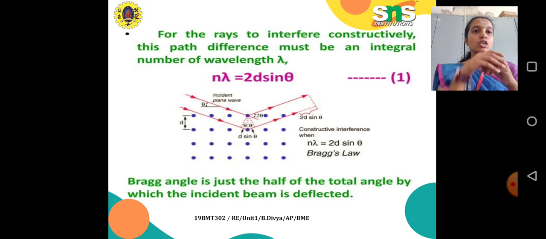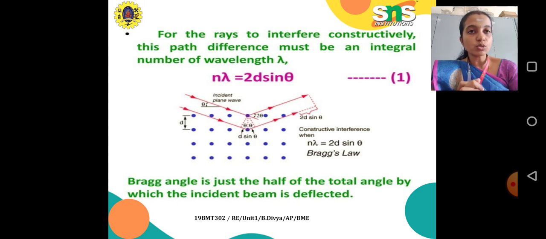For the rays to interfere constructively, this path difference must be an integral number of wavelengths. Generally, we denote the wavelength by lambda. So n lambda is equal to 2d sin theta.